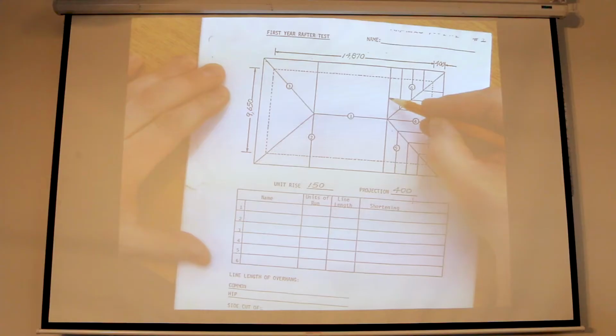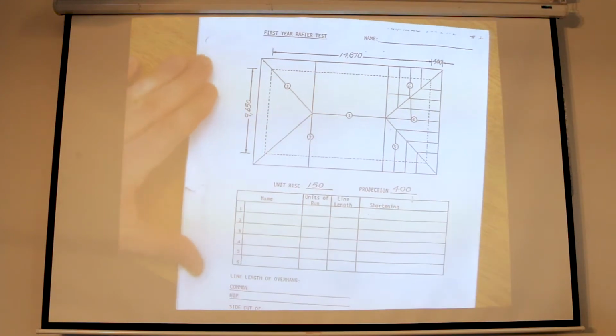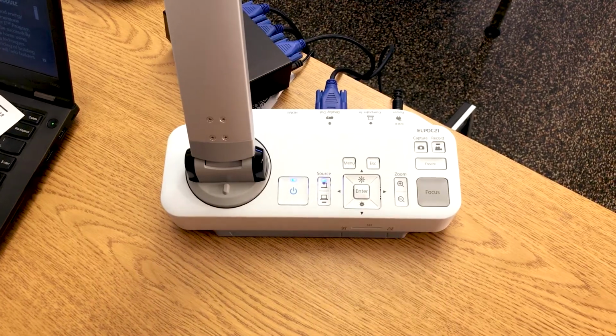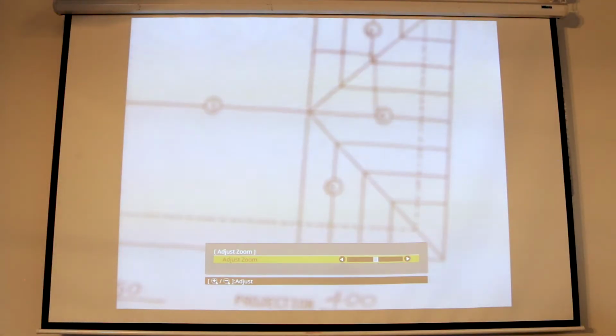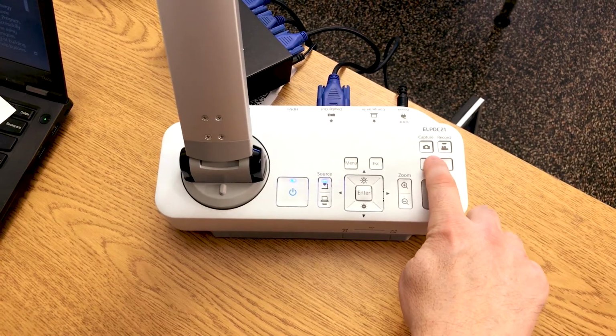But if I want to concentrate, let's just say on this corner here, this intersection of the ridge and the commons, I can hit this zoom button and zoom right in on a specific part of the image, hit the focus, hit freeze, and then again I can either roll up the screen and use a whiteboard, or I can hit unfreeze and do some live manipulations of the image right on the overhead projector.